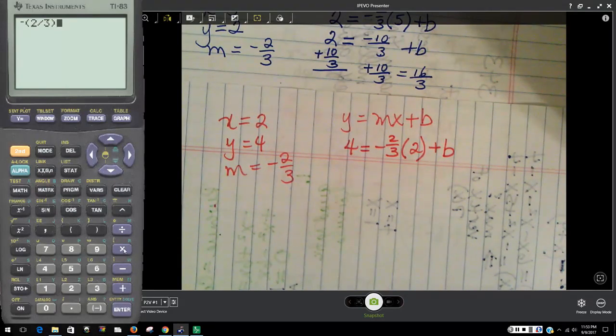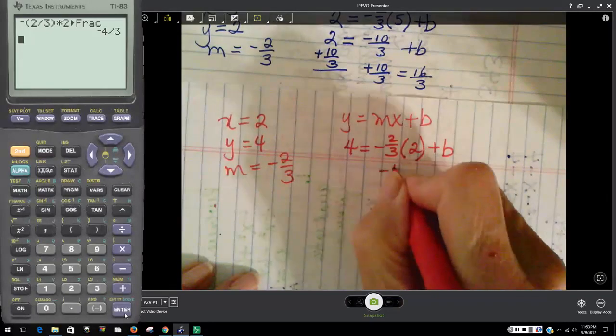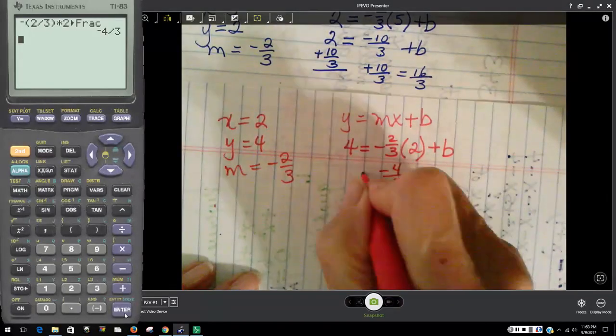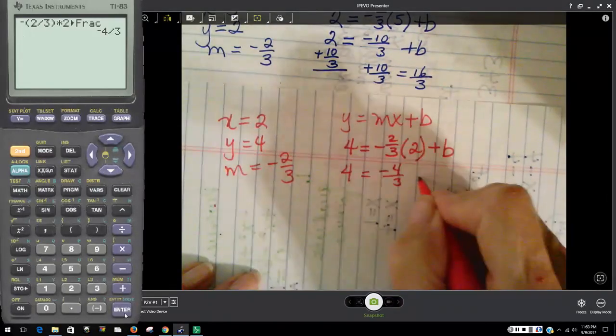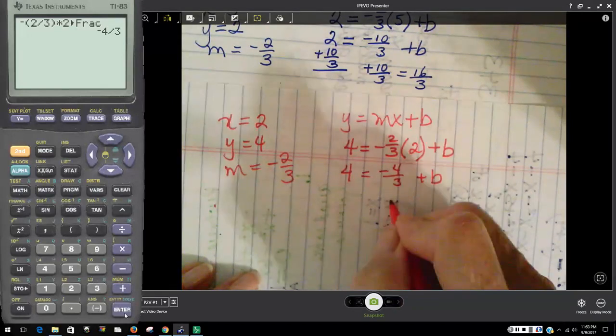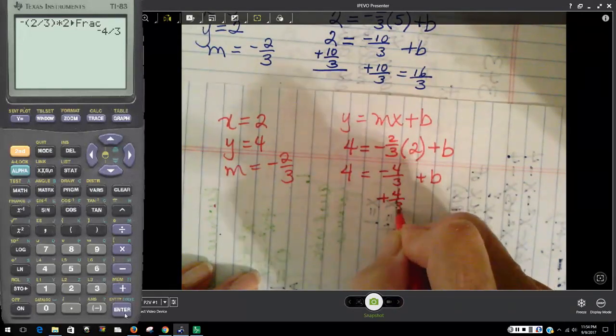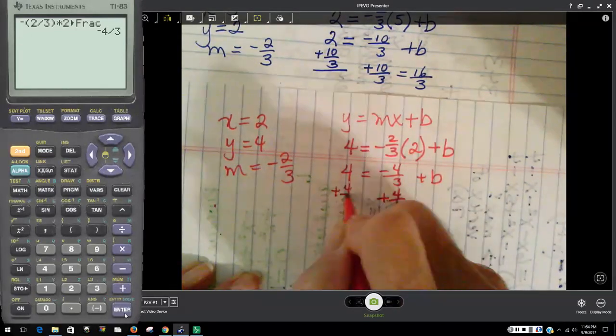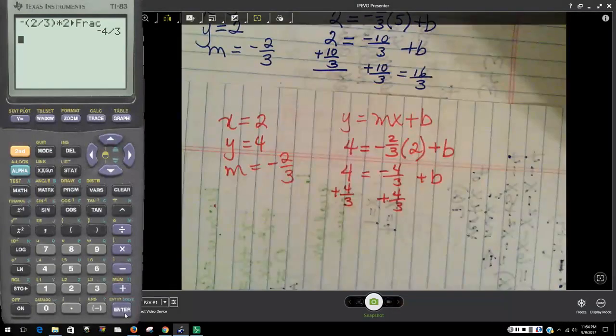So negative 2/3 times 2 is negative 4/3. So I will add 4/3 to both sides. And I already realized where I went wrong, and I'm not quite sure how I did it.